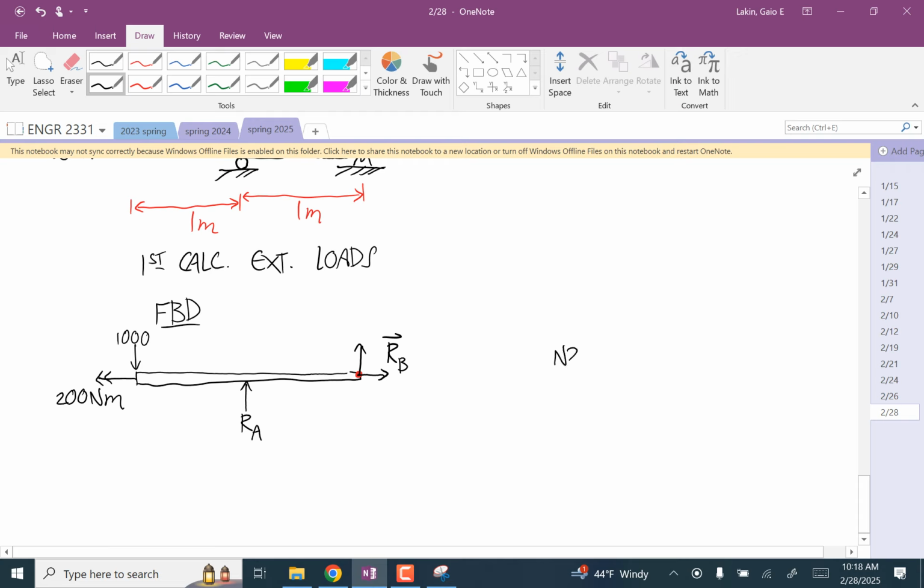Okay. So Newton's second law says 0, negative 1,000 plus 0 RA plus RBX, RBY is equal to zeros.